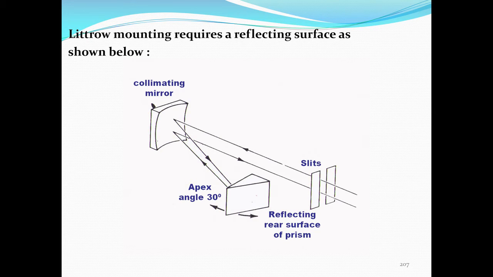Now, the prisms, there is an arrangement, a typical arrangement I am showing you now. Here is the slit, and from the slit I get a parallel radiation. Here it is a collimating mirror, and from the mirror the radiation is reflected back to a prism, either it may be Littrow or Czerny mounting, and whatever radiation comes out should be a monochromatic radiation useful for measurement.